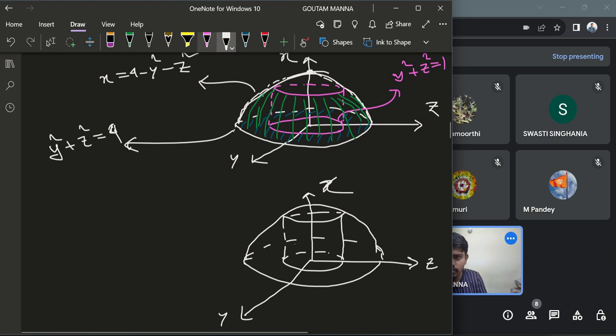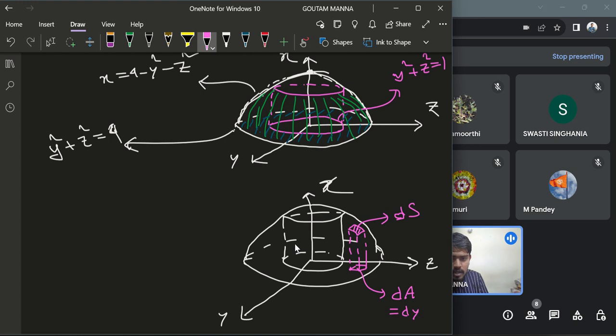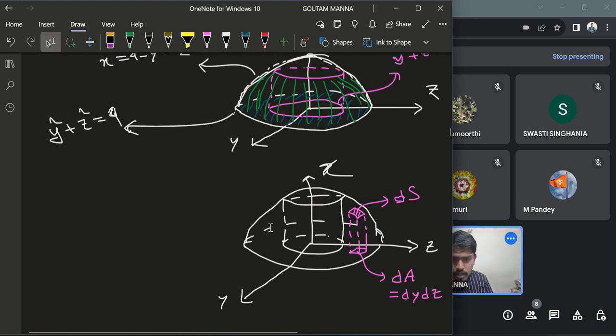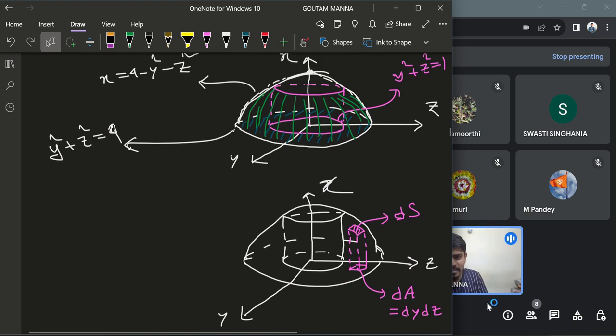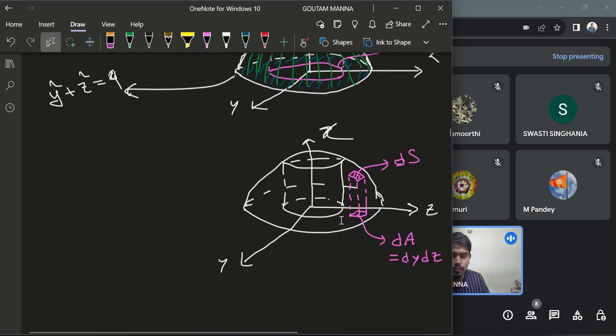Okay. So now let me consider a small surface element here. Let me call it dS, and corresponding to that, let me consider a surface element in this yz plane. Let me call it dA, which is nothing but dy dz, if I consider Cartesian coordinates. But we can see that there is a circular symmetry here, right? So we will eventually move towards plane polar coordinates in this plane. So the integration region we have is the ring.